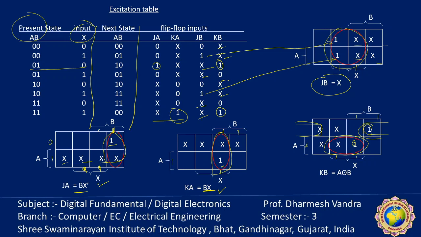So this combination is A B dash. And this combination is called A dash B. So it is an exclusive NOR gate, sorry, A dash B dash and A B.